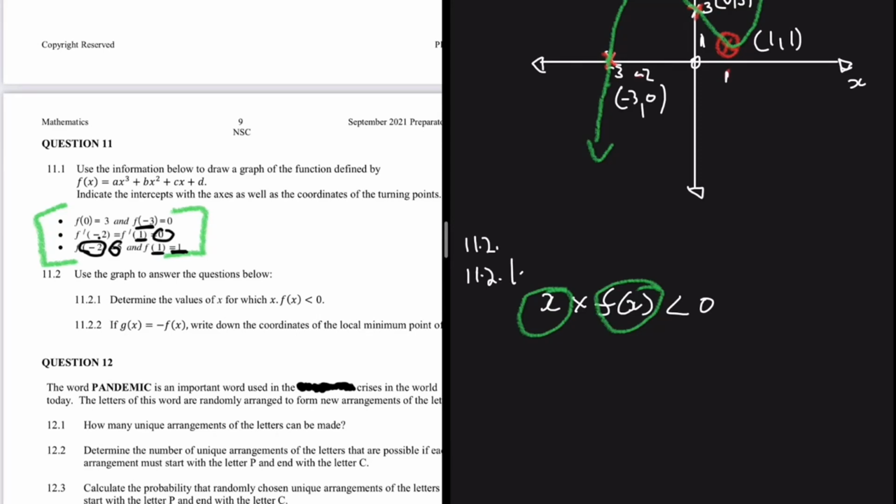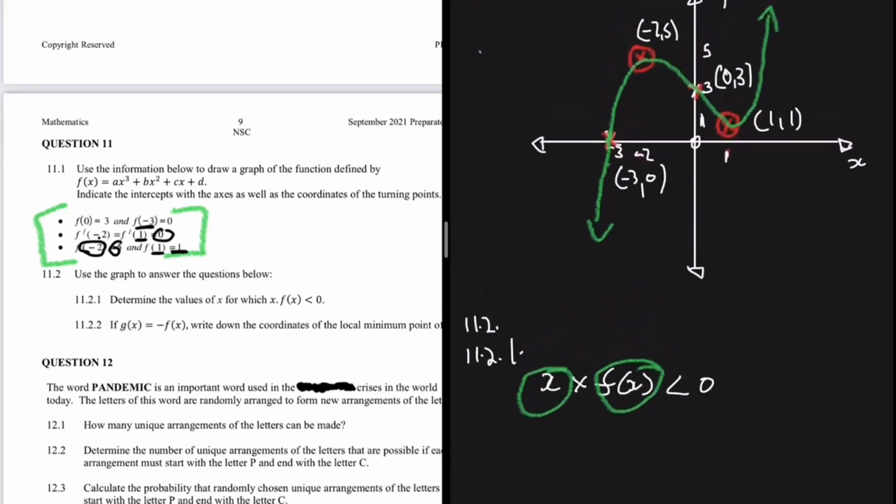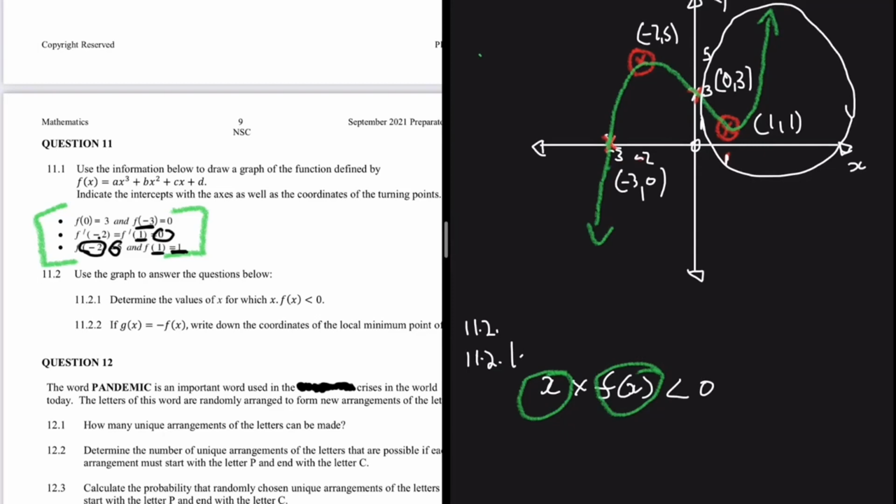Essentially negative. So let's look at our graph. In the positive x-axis, both x and y are positive, right? So there is no way that can be part of our solution. But then let's look at the negative axis. Here between -3 and 0, x is negative but y is positive, right? So the product of the two will be less than 0.